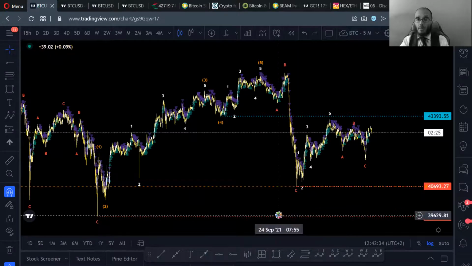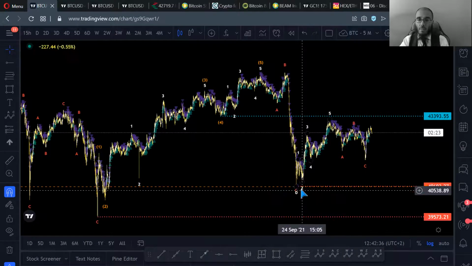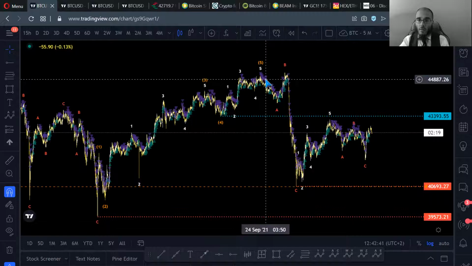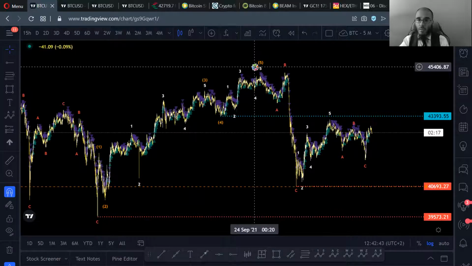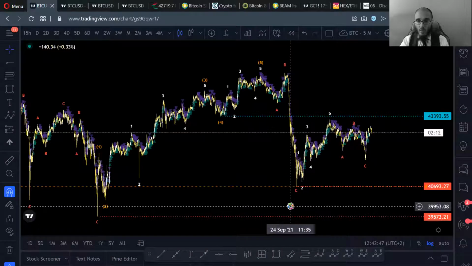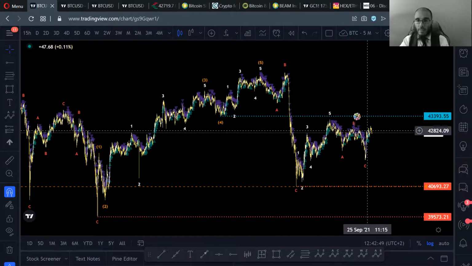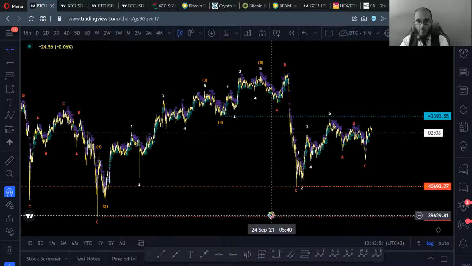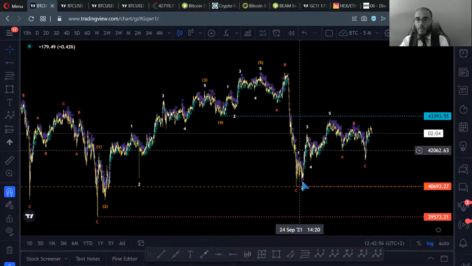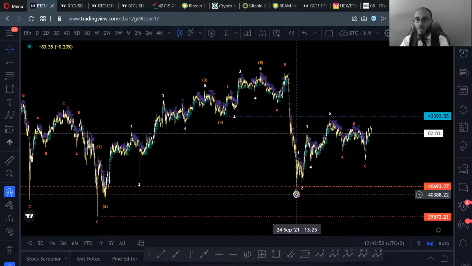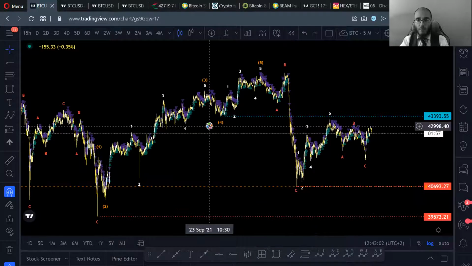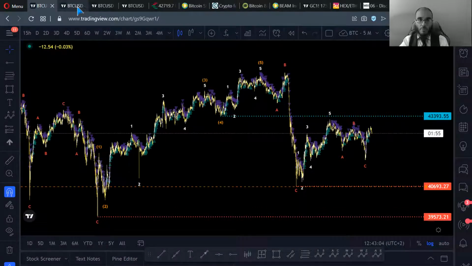But you must believe that the ABC correction is over, not that it's an A, B, and we get C even lower. If you believe that, then I would say that C would break that stop loss too. I think the probability that the ABC correction is over is high, and that you could move your stop loss up to here, which will protect your capital.